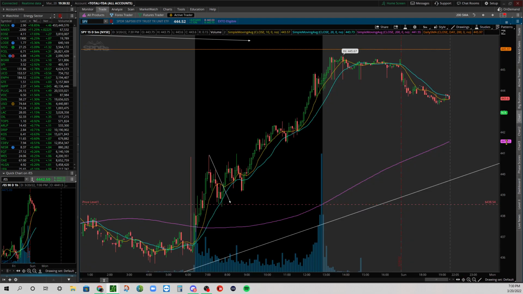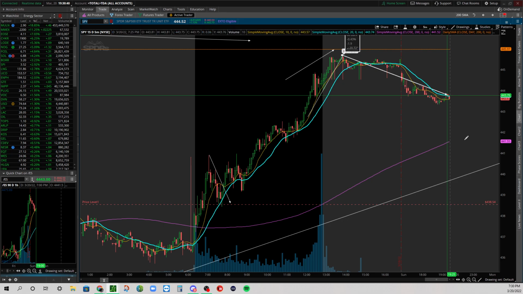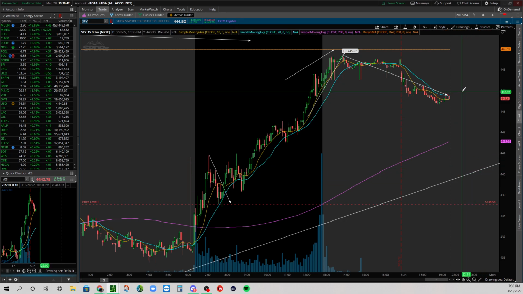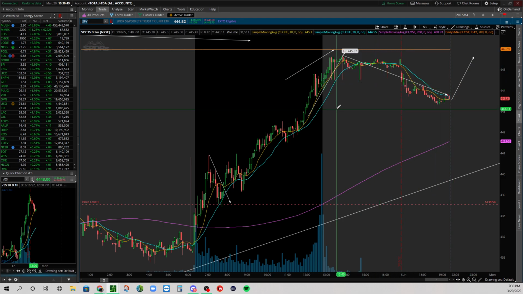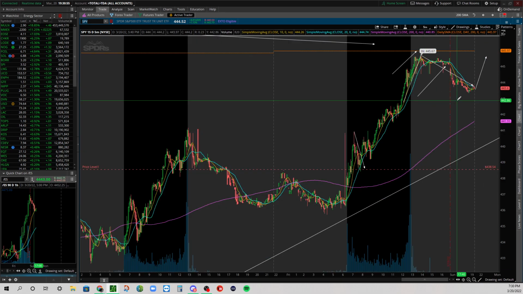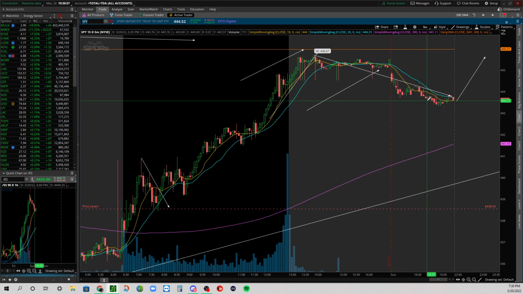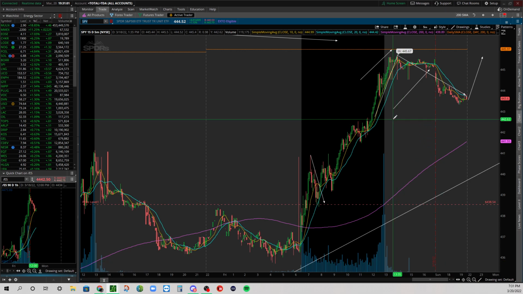As you can see right here, that's the 200 daily moving average. As you can see right there, it got up so close and it started selling off. So tomorrow, I'd like to see it pop up into that 200 SMA and then find our pattern. Once it sells off below the 10 and 20 on the 5 minute, I'd take that as an A setup. I would even grade it closer to an A plus setup to the downside.